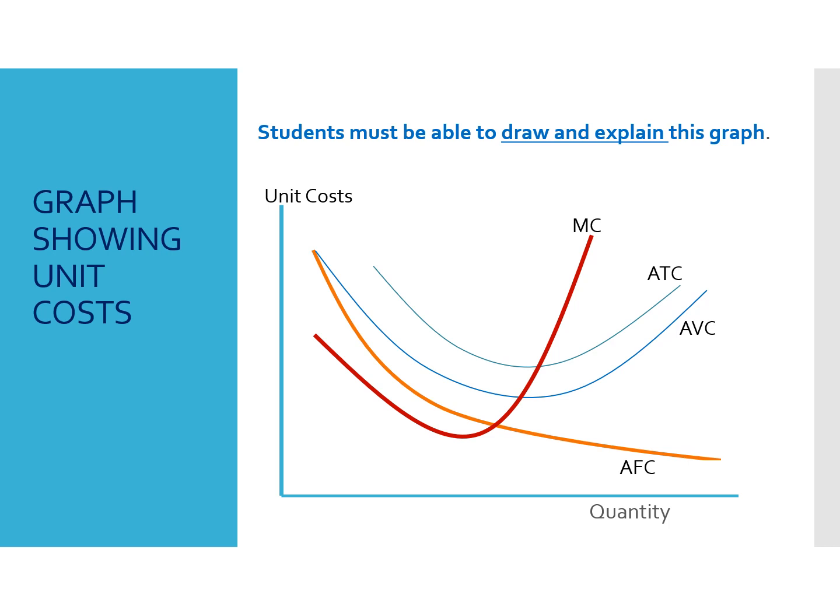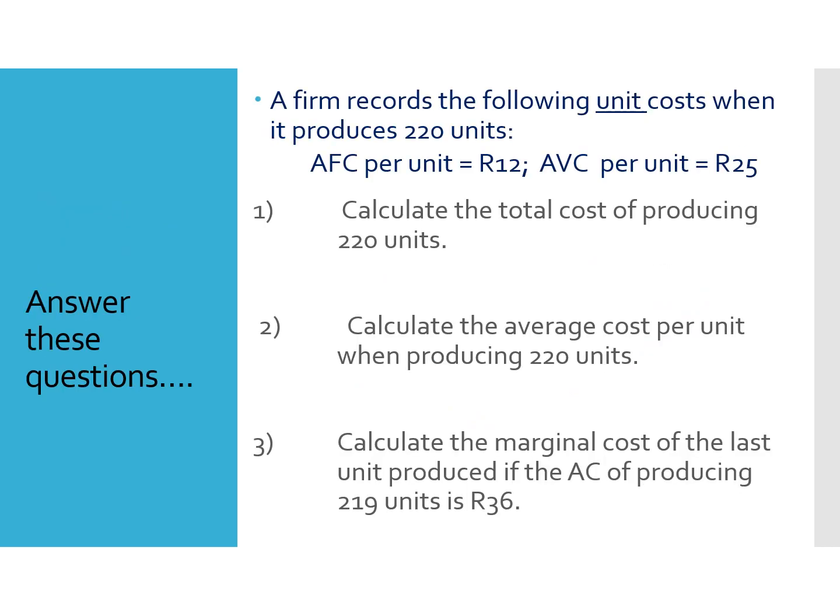We're now going to end off with an example that is not completing the table, but rather doing calculations that are in the form of a number sum, so to speak. Let's take a look. Here we go. A firm records the following unit costs when it produces 220 units. The average fixed cost is 12 Rand per unit. The average variable cost is 25 Rand per unit.